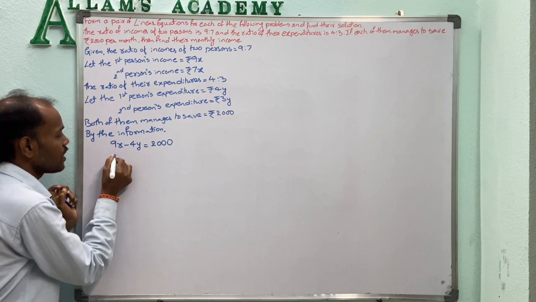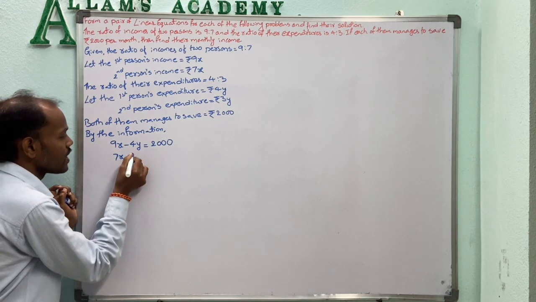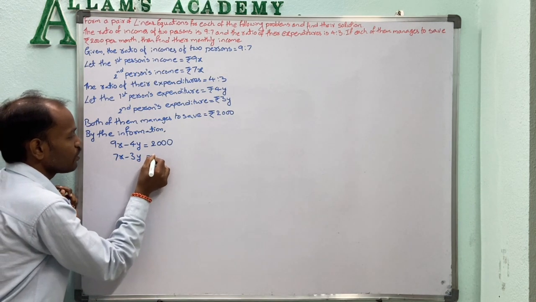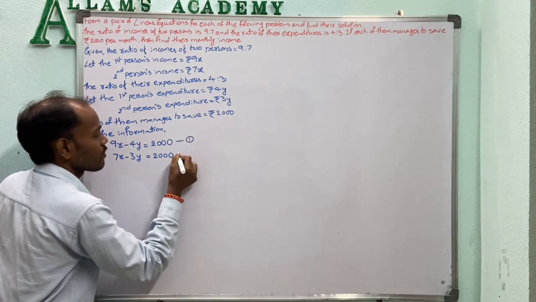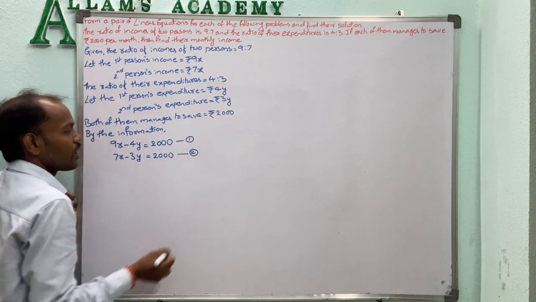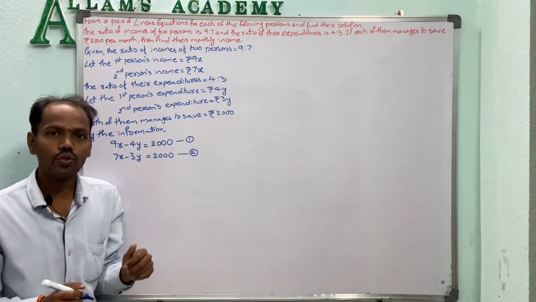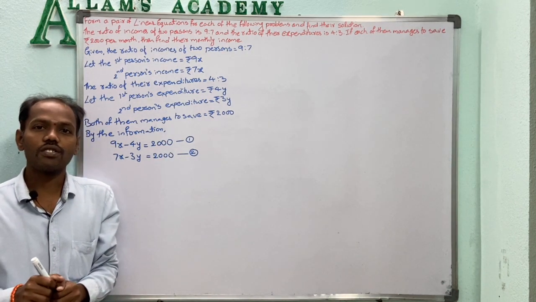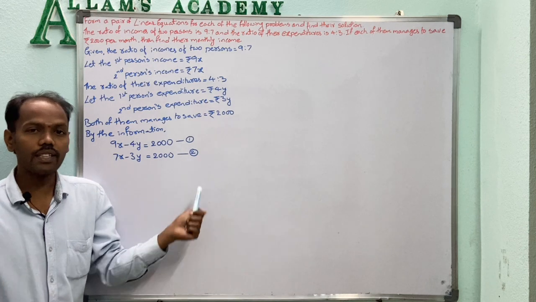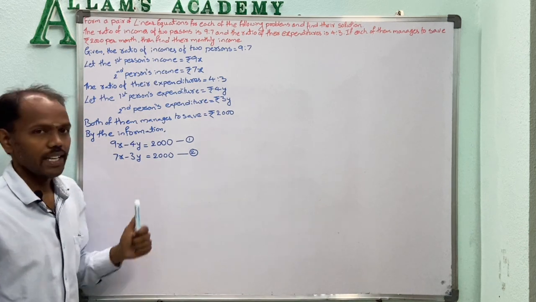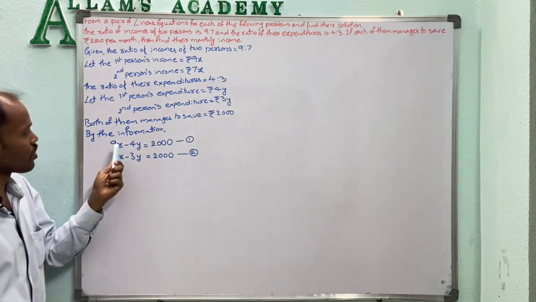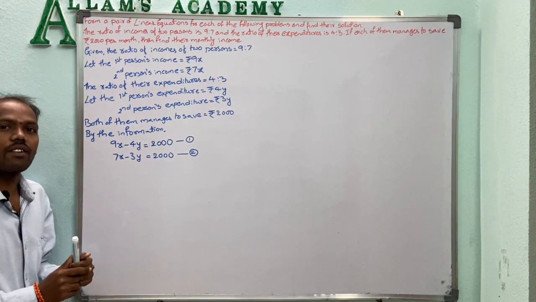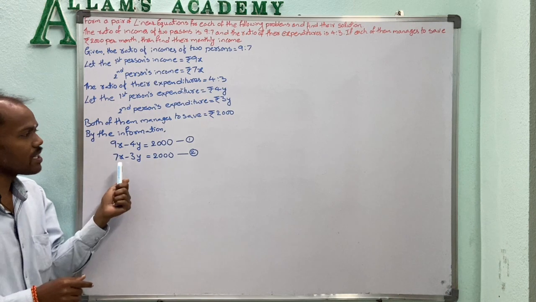So 7x minus 3y equal to 2000. Now here we get two equations. By solving these two equations, we get x and y values.